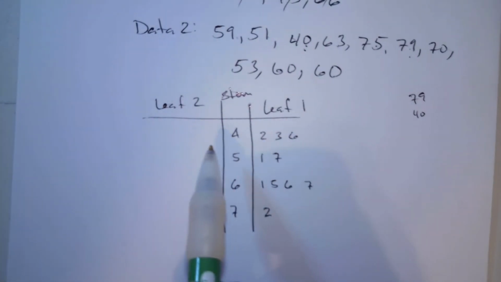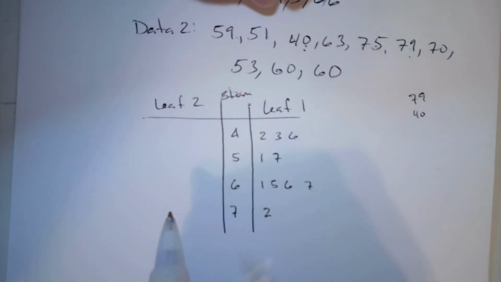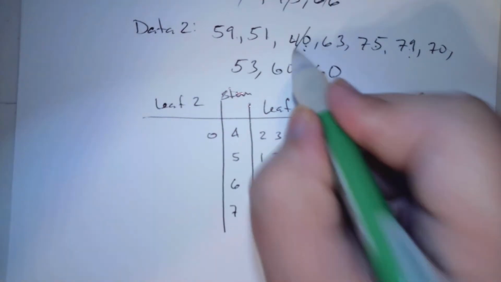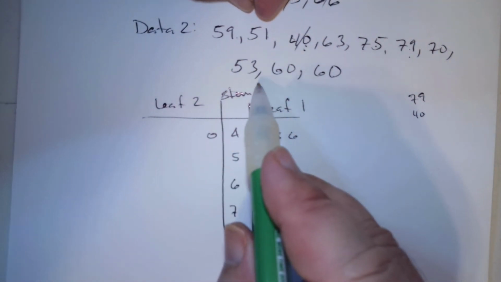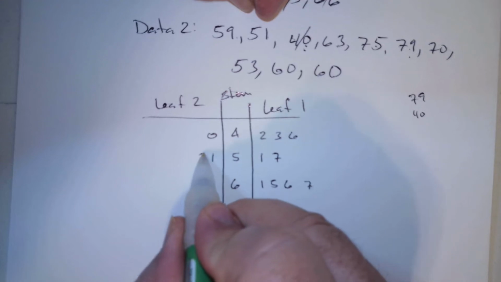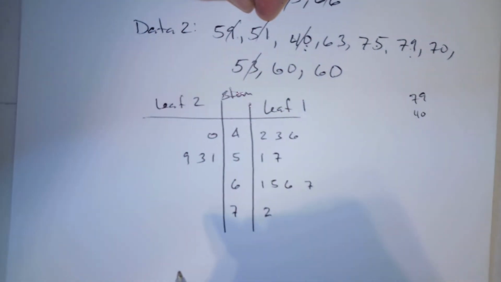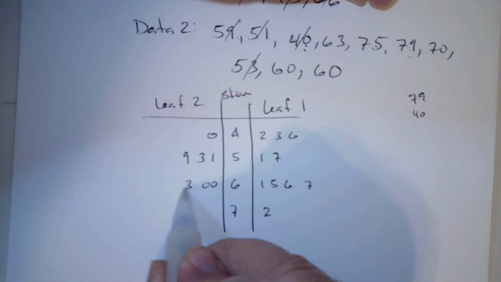That's group 1. Now, data on group 2 goes the other side. How many 40s? Okay, 40, that's just a 0. How many 50s? I have 51, 59, 53. So it's 1, 3, 9. 60s, I have 0, 0, 3.